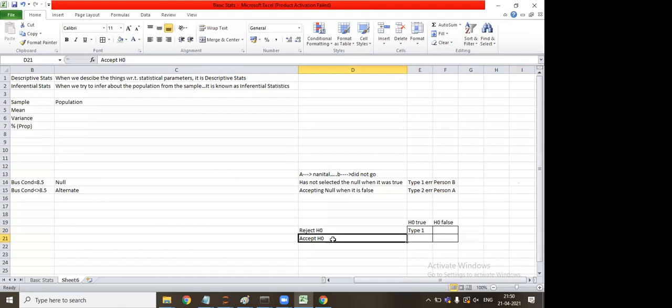Second, when we have accepted the null hypothesis when it is false, which kind of error is it? Type 2. When we have accepted the null hypothesis when it is true, what is it? That is a correct decision.